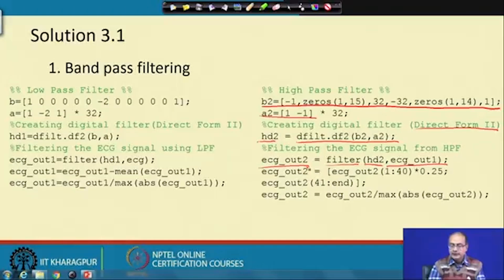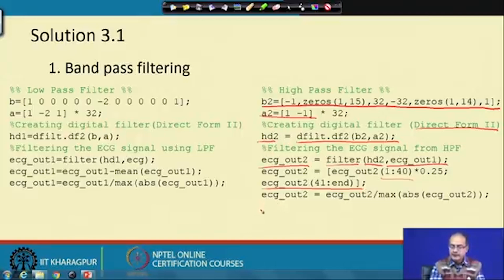Within this signal, the first 40 coefficients have unusually high values because of the transient. So, they are suppressed, the value is made 1/4, and the rest remains the same.